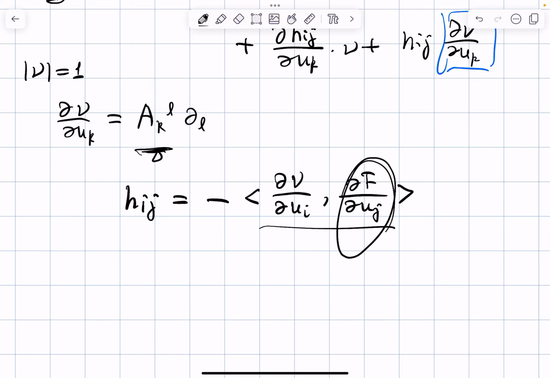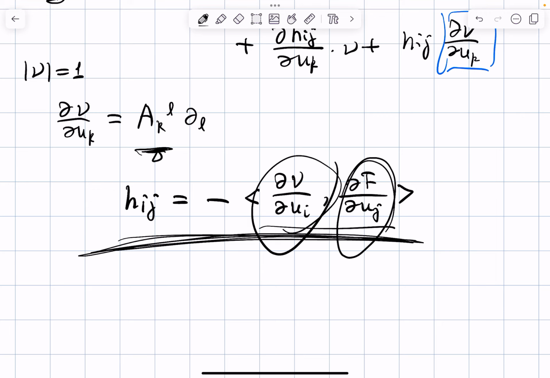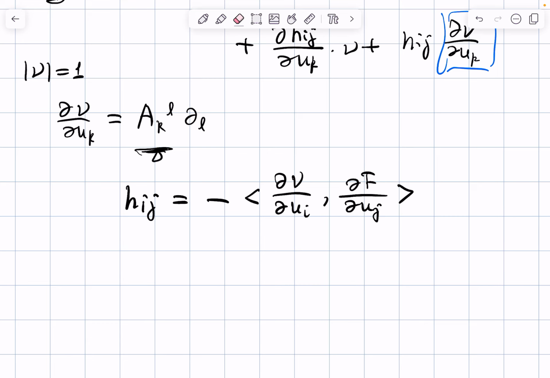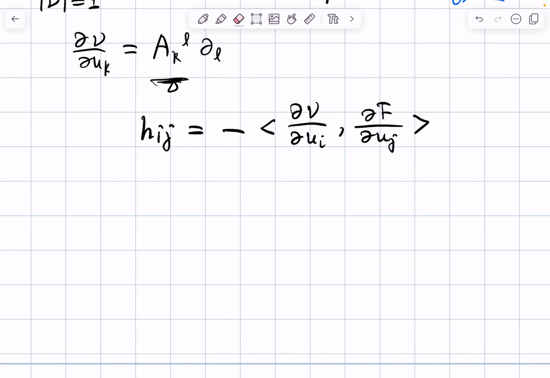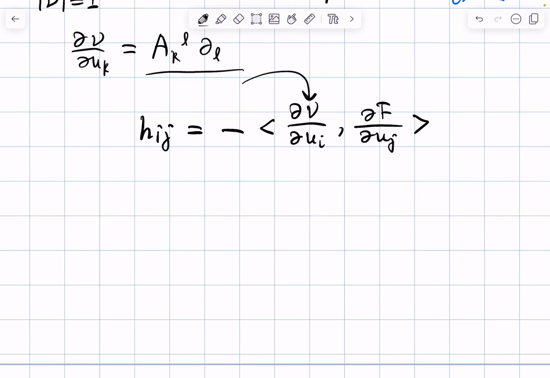But it tells you the information about partial ν, partial u_i, how it's expanded on the basis. So let's just do it by plugging in this expression into this term.